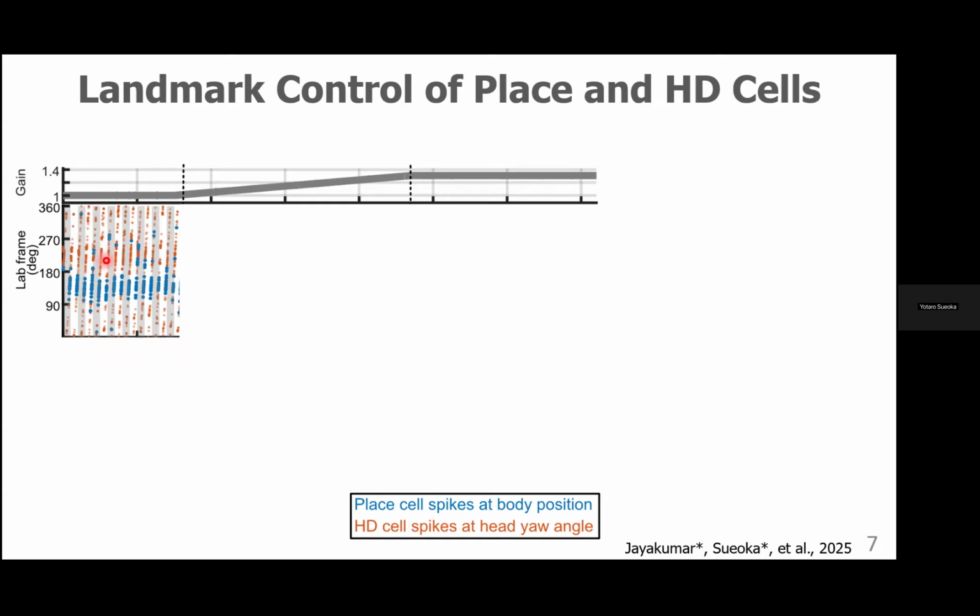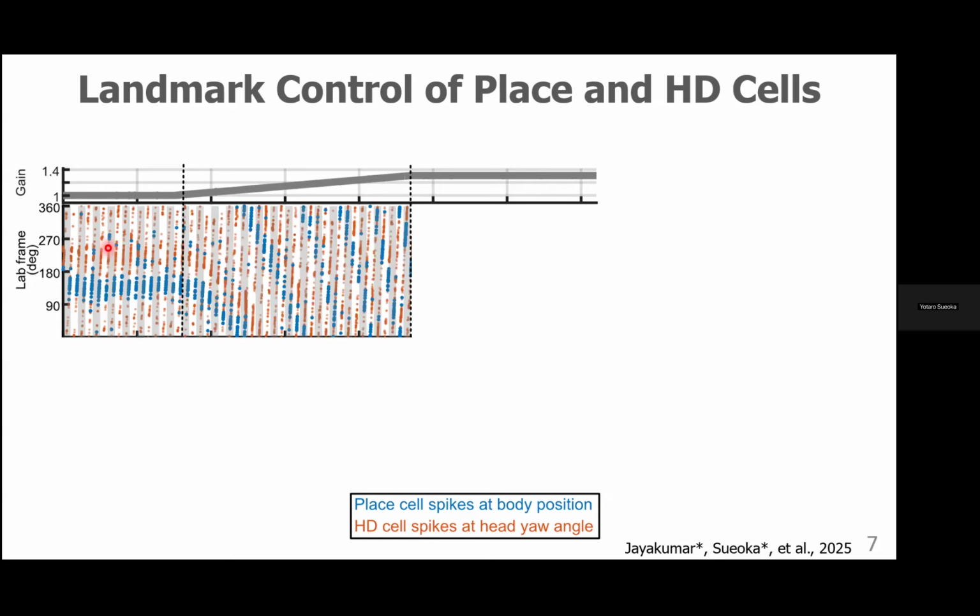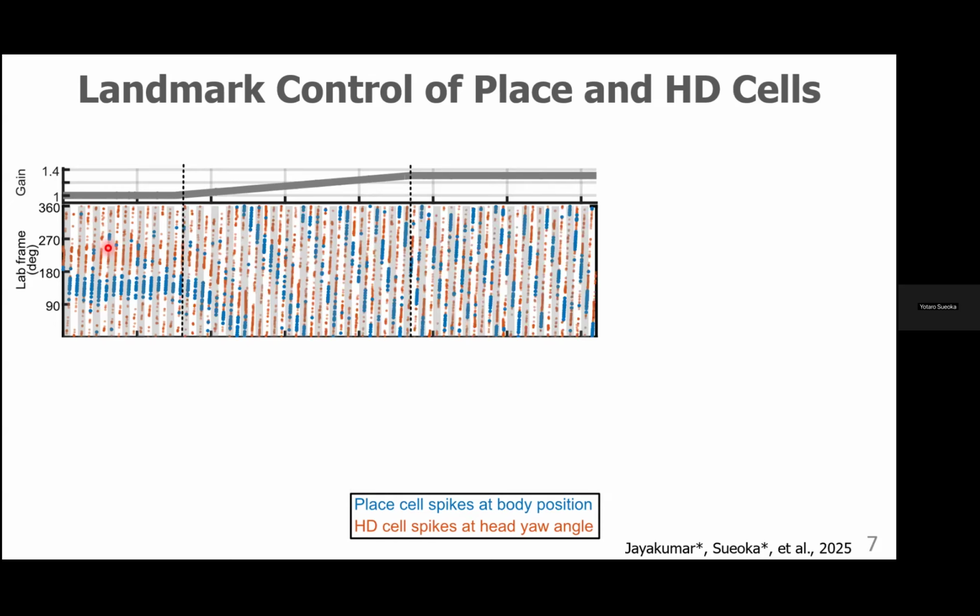Okay, so when the landmarks were stationary, we see that both place cells and head direction cells fire consistently at the same location every lap. The place cell fires around 120 degrees, and the head direction cell fires when the animal is facing towards around 200 degrees. However, once we start moving the visual landmarks, the firing starts happening all over the place, and this keeps happening in epoch 3 as well, as if the cells lost their tuning.